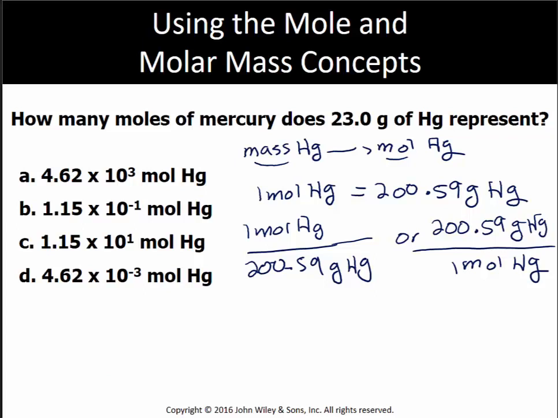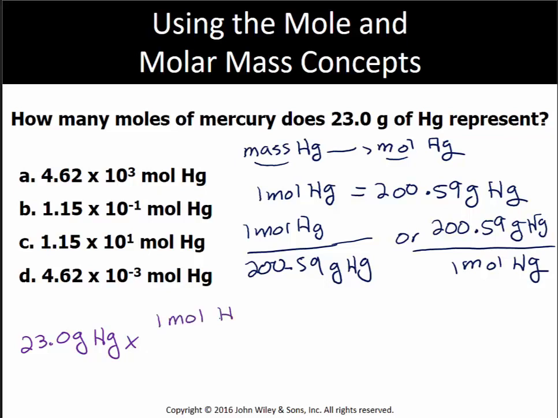So now let's start with what's given to us. What's given to us is the mass of mercury, which is 23.0 grams of mercury. Now, in between the conversion factors, you want to choose the one in which grams of mercury cancel out, and you want to end up with only moles of mercury. So I'm going to choose the first one.